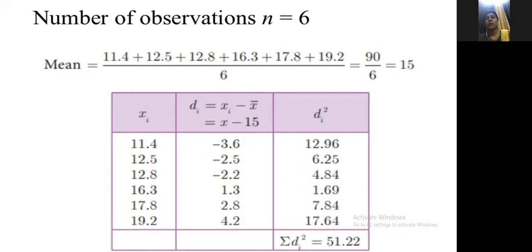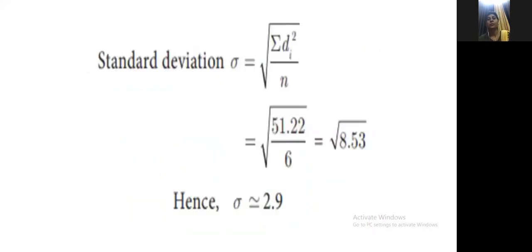So let's understand how we will calculate the standard deviation. We use this sum of squared deviations for finding sigma. In the next slide, we will see its value. The sum of the squared deviations is 51.22, and we know that the number of observations is 6.